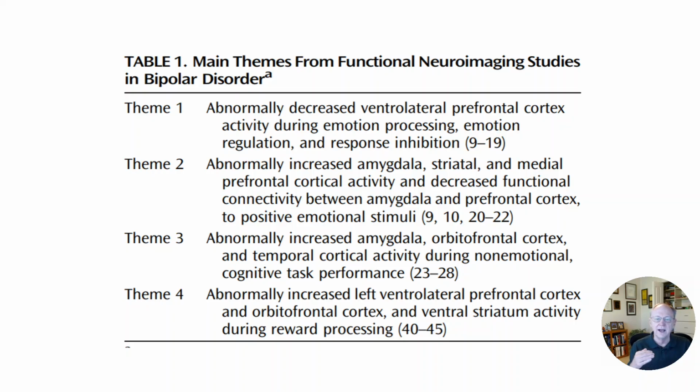You get increased amygdala activation in non-emotional cognitive tasks where you normally wouldn't expect the amygdala to be particularly concerned. Of course, people with bipolar emotionally charge a lot of stuff they do, even if it's taking out the trash. Then finally, the other theme is the ventral prefrontal cortex activity in terms of abnormalities during reward processing.